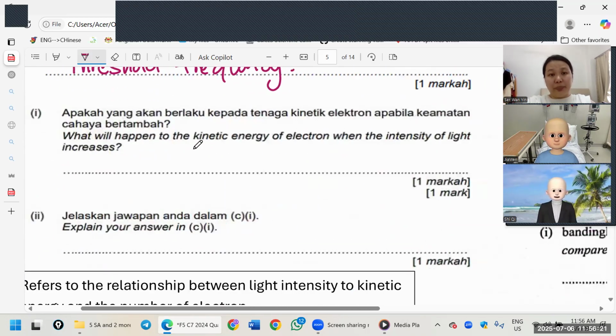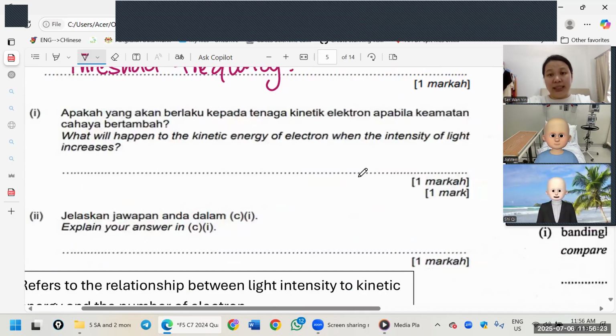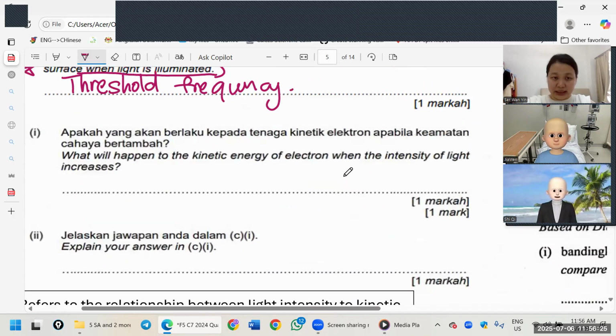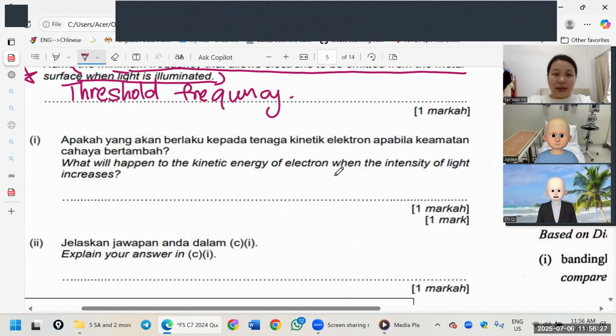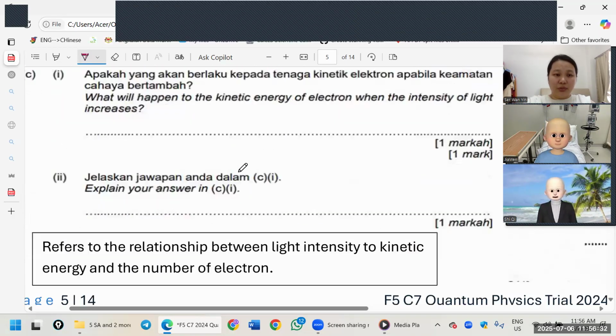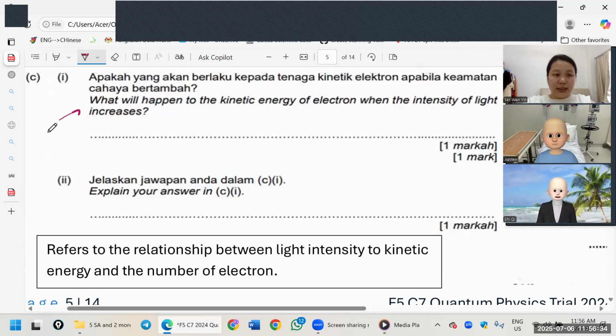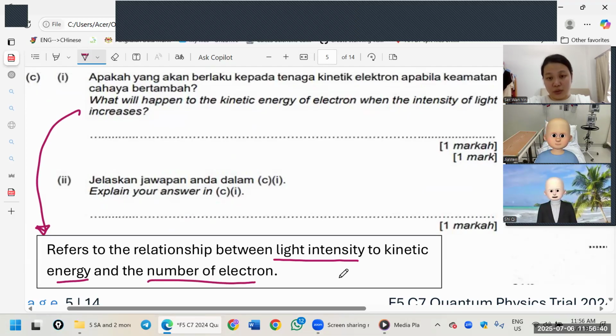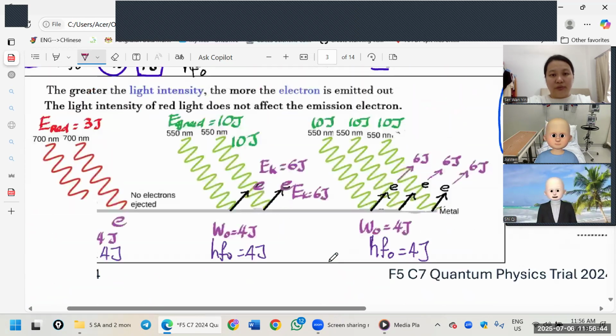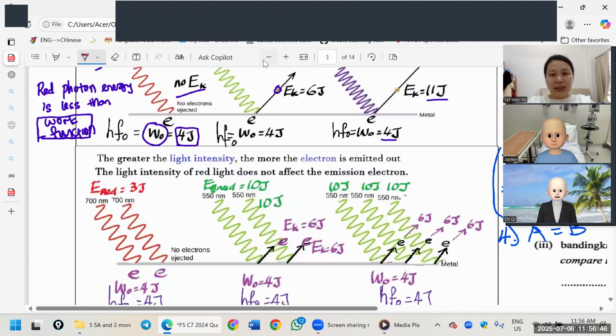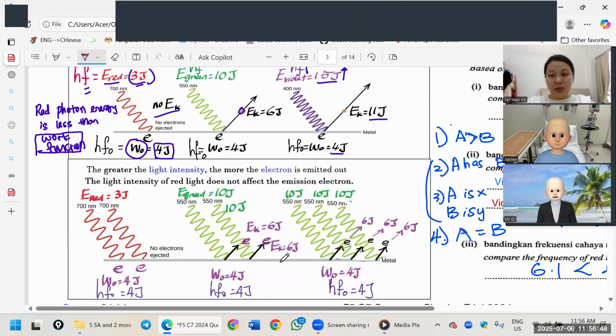Okay, now what will happen to the kinetic energy of electron when the intensity of light increases? This one needs to refer to the relationship between light intensity to kinetic energy and the number of electrons. We need to reverse back here.